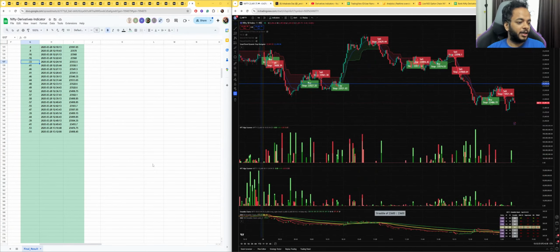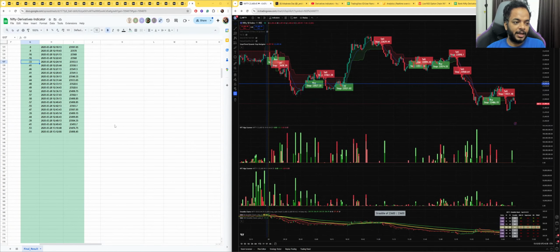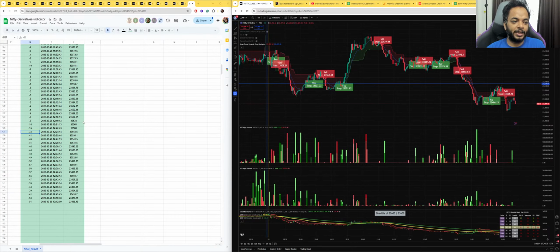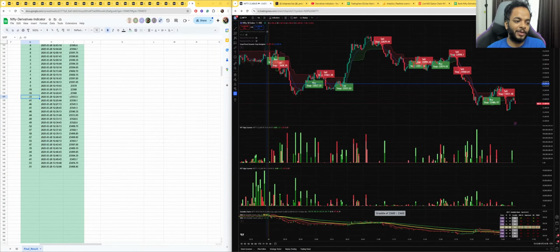Let's see. Okay, as the money flow has already updated, you can see the money flow is further decreasing, guys. So it's not showing that strength; it's showing weakness. The specialty of this money flow indicator is that it analyzes everything: volume, IV.